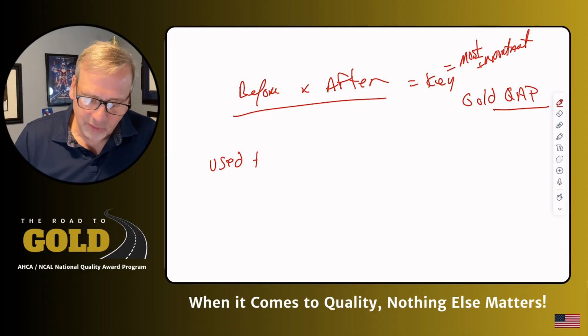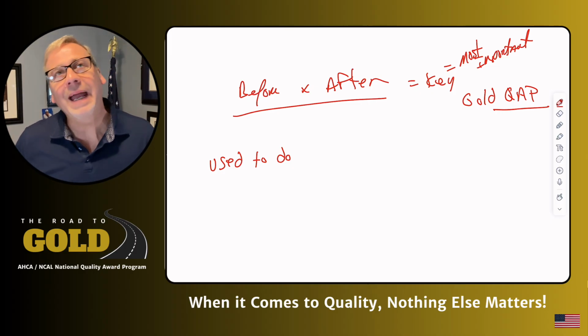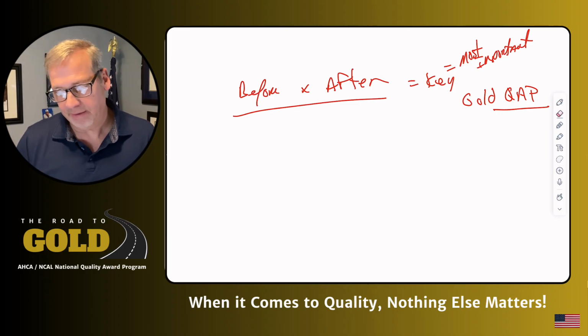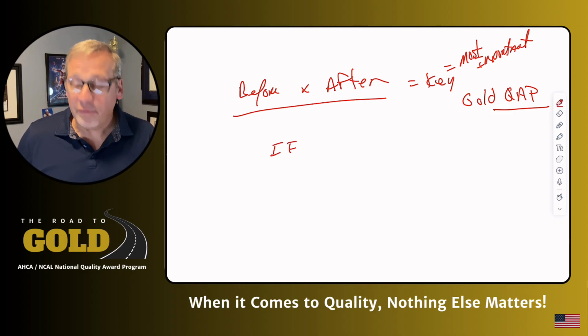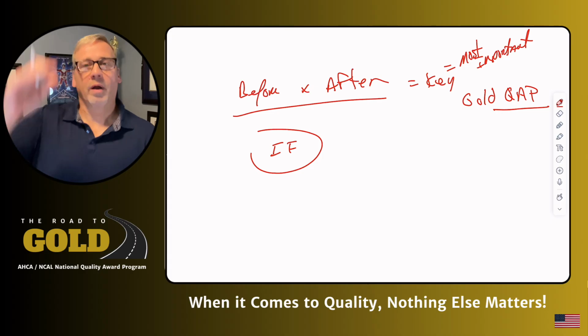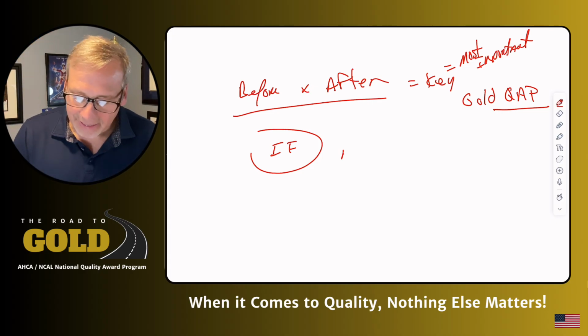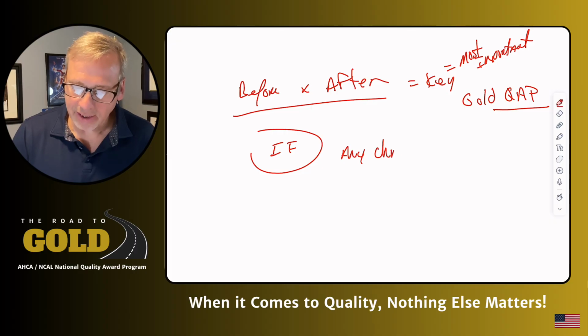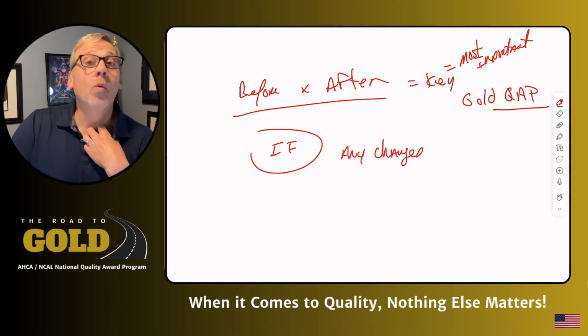This is what you used to do. Perhaps, right? Actually, let me do this. When you're evaluating how you listen to a resident, if you make any changes for the Quality Award Program, we want to hear about it.